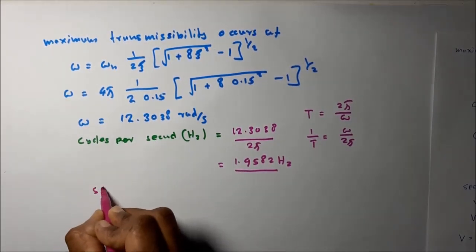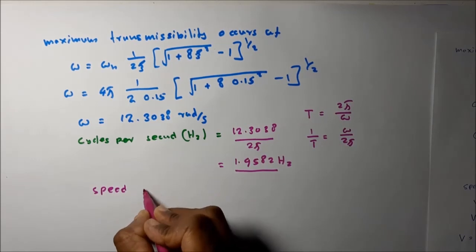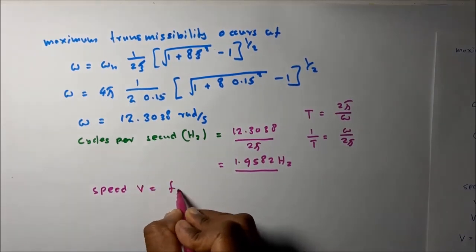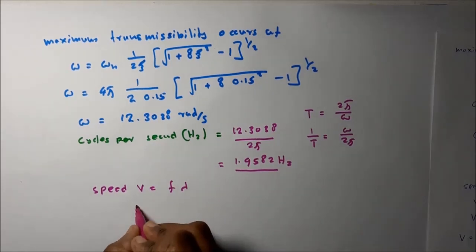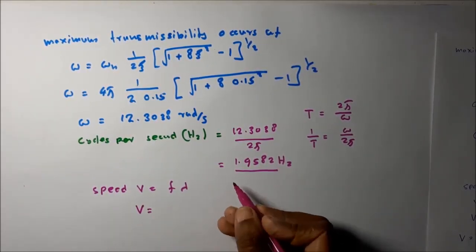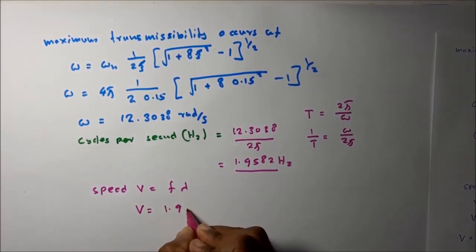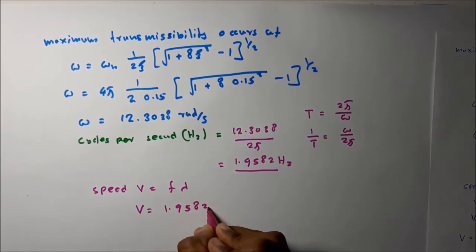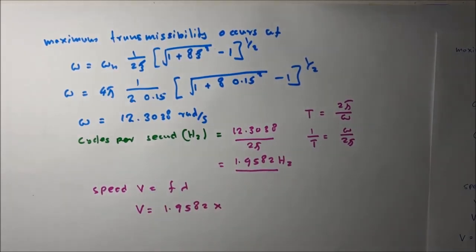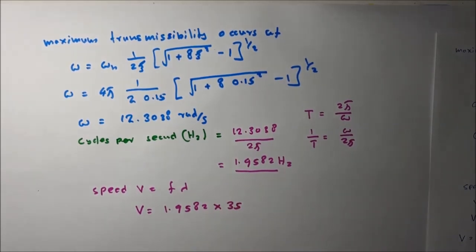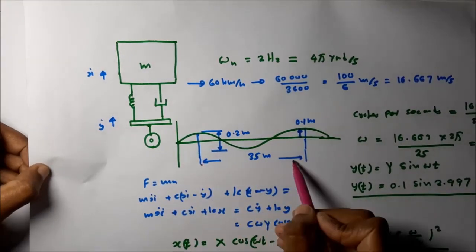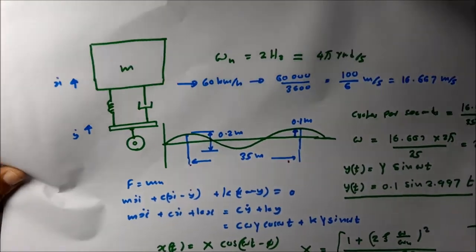So what is the speed of the vehicle? Speed v is equal to f into lambda. What is the frequency f? 1.958. What is lambda? 35 meters, that means the road's sinusoidal wavelength is 35 meters.